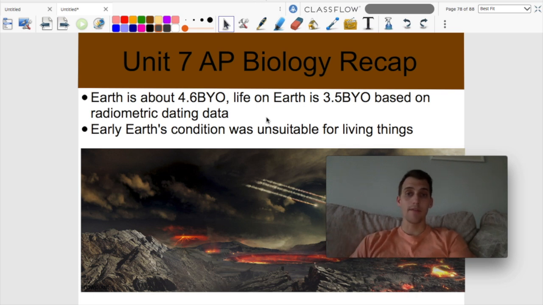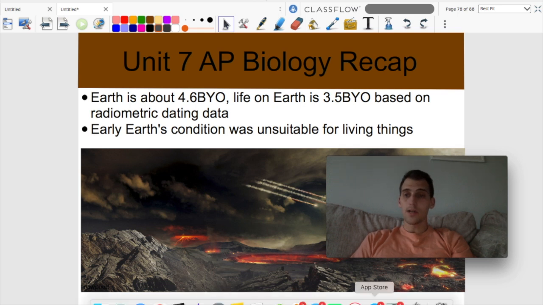It's called a half-life. So that's how we're able to figure out that this once living thing, this fossil, first appeared 3.5 billion years ago, and that's when we think life began on planet Earth, which is a very, very long time, which is how we can get these gigantic macroevolution changes.